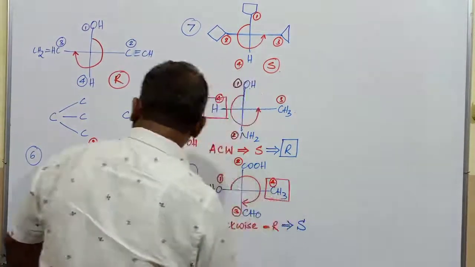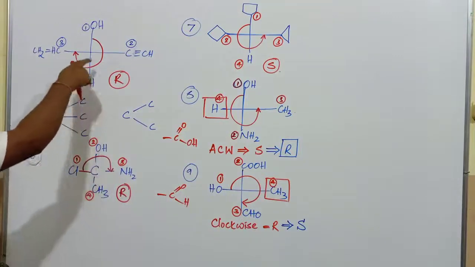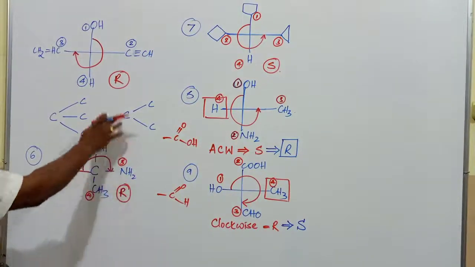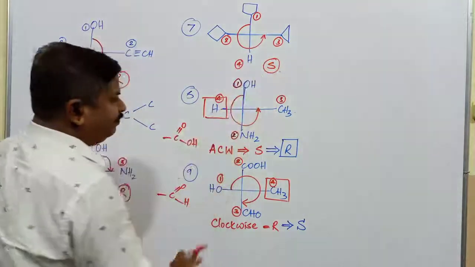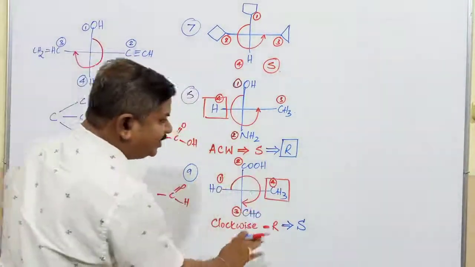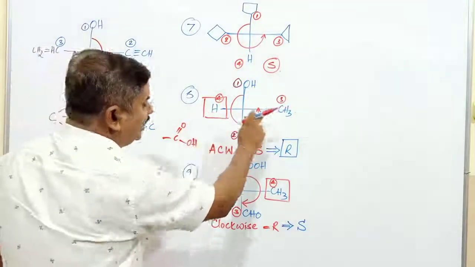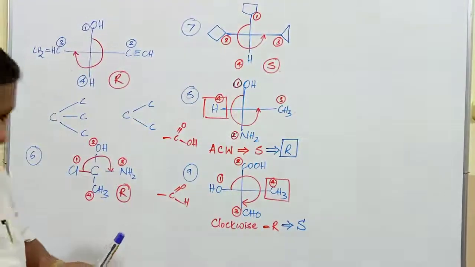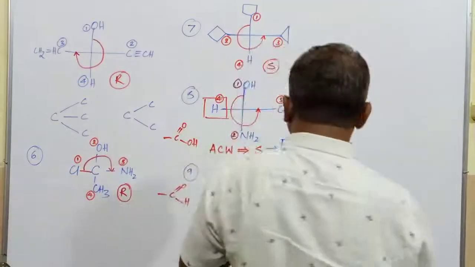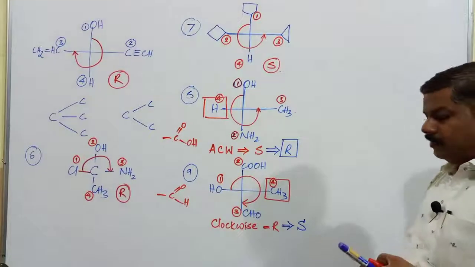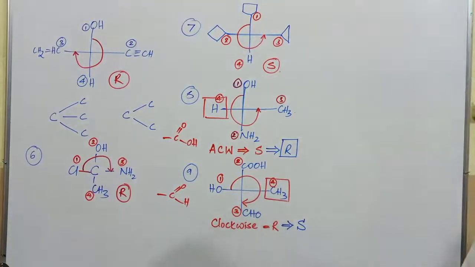If the lowest priority group is present in vertical position, no need to go for such changes. As it is R, it is R, this is going to be S. Only this conversion is considered whenever the lowest priority group is present in horizontal position. Like that, a number of examples we may consider for assigning the R and S configuration for a particular molecule.